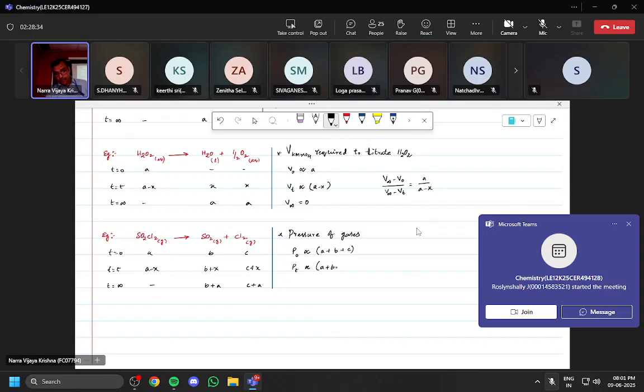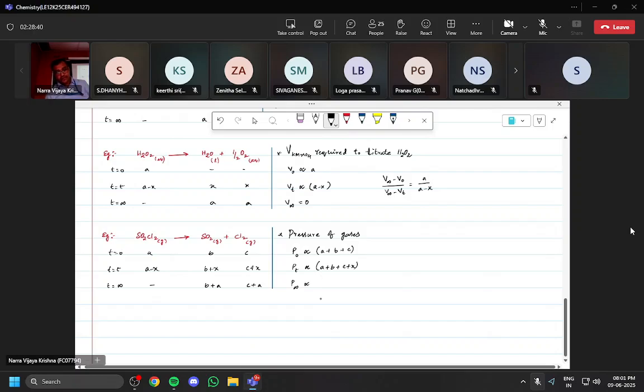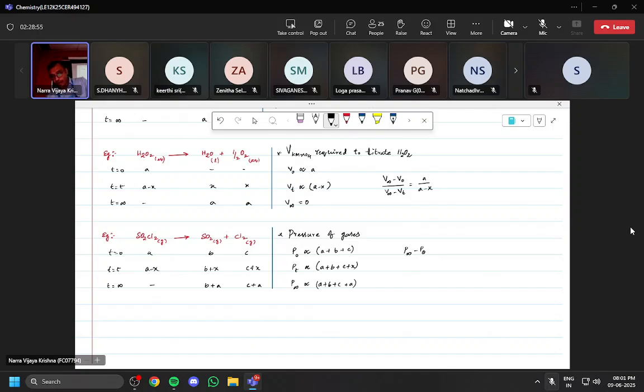A plus B plus C plus X. P infinite is proportional to A plus B plus C plus A. Can I write it or not? Now tell me, what is P infinite minus P naught upon P infinite minus Pt?